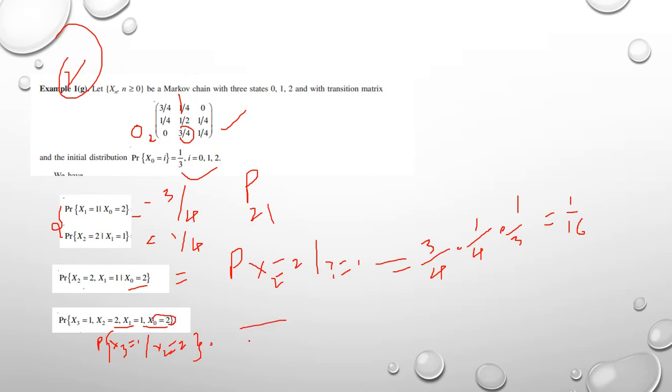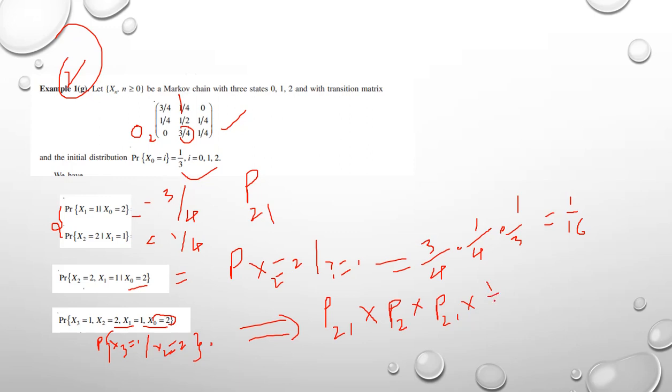So finally we need probability of 2 1, multiplied by probability of 1 2, multiplied by probability of 2 1, multiplied by probability of X0 equal to 2.